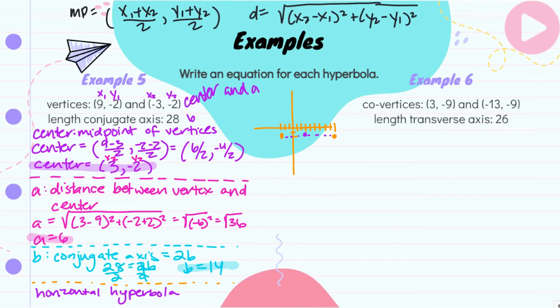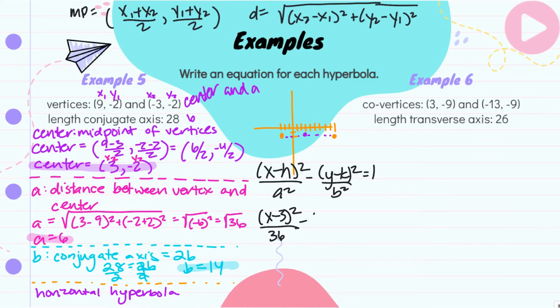So I know that I can use my horizontal hyperbola formula, which is x minus h squared over a squared minus y minus k squared over b squared equals 1. So all I have to do is substitute what I know. I know that the center is 3, so x minus 3 squared over a squared would be 36, because a is 6.